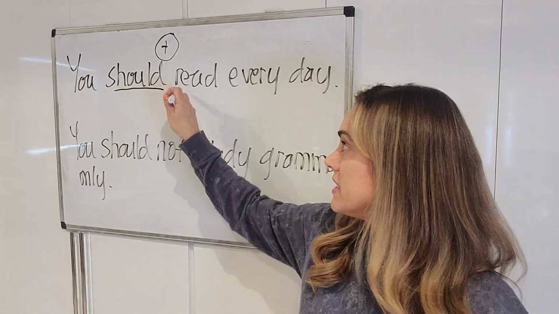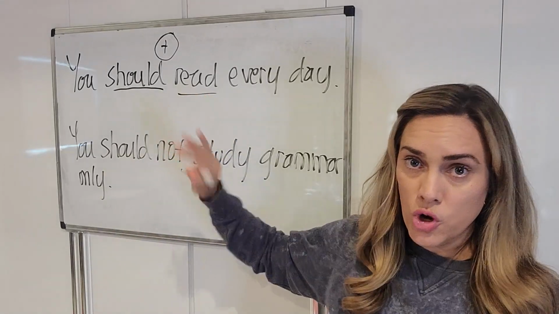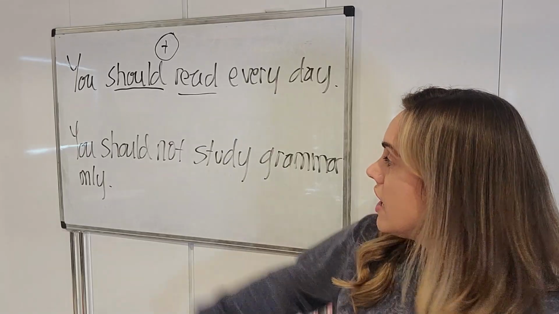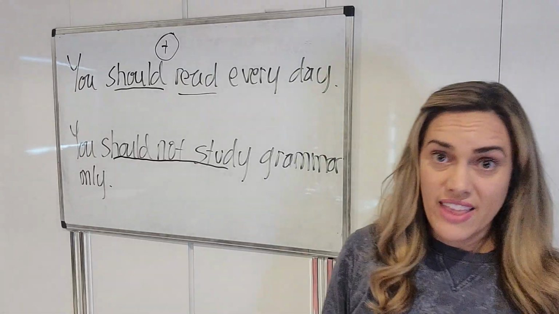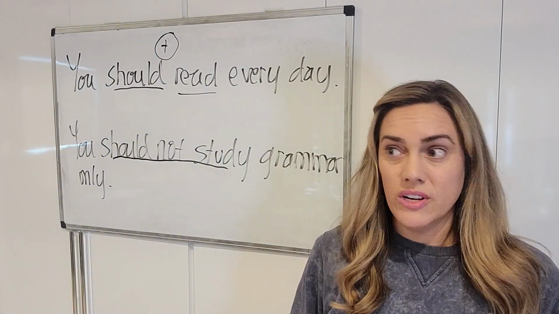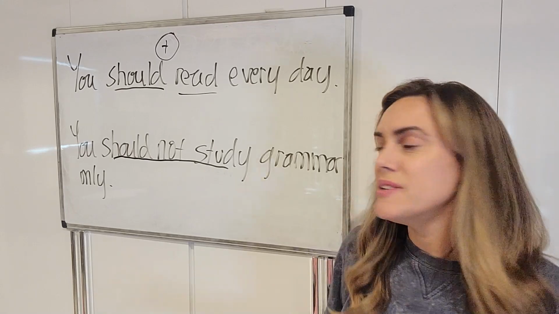So should plus base form of the verb. Don't forget, you need to use the base form. No to, no ing, nothing. Base form. You should not study grammar only. And that's true also. You should not just study grammar. You need more to learn a language than just the grammar rules.